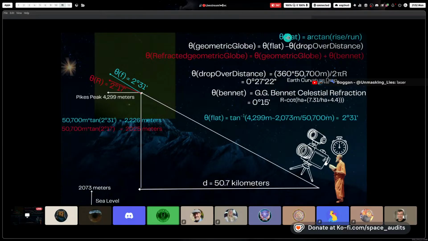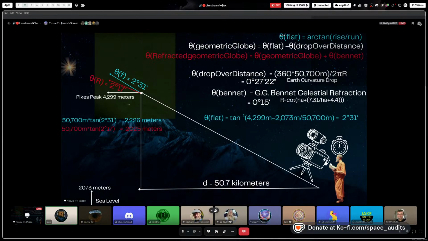I'm concerned about the elevation angle in real life with the theodolite, the elevation angle to the mountain peak. That's what I want to know. Okay, right. So hear me out. If you look through a theodolite during the day from Mike's house, it'll say about 2 degrees 17 to 2 degrees 19, depending on the weather, right? Our point of contention is that the compression that makes that mountain peak appear so low is optical.